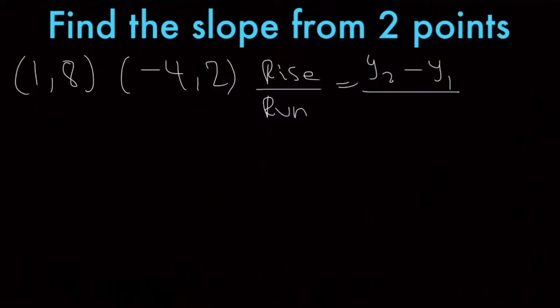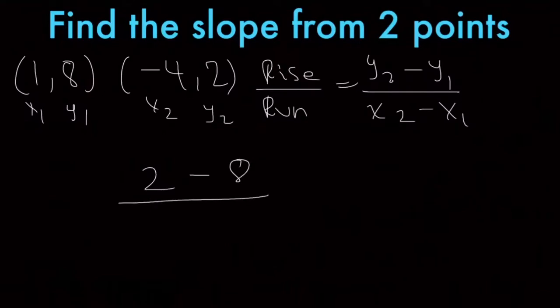It's best to memorize this equation, especially if you're going into the SAT. So let's put our points. This is x1, y1, x2, y2. So y2 is 2 minus y1 is 8 over x2 is -4 minus x1, 1.